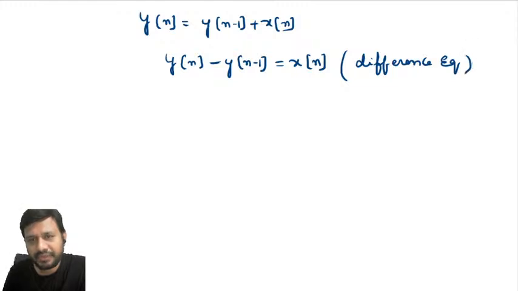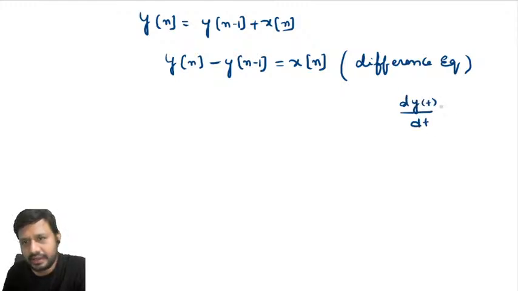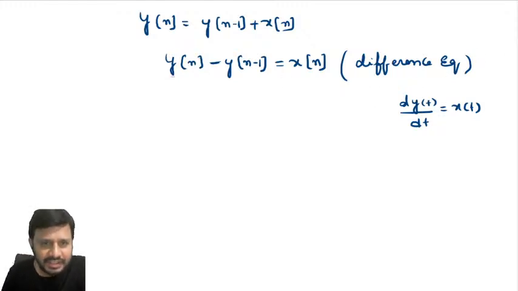Discrete time systems are specified by difference equations, whereas continuous time systems are specified by differential equations. This is somewhat similar to dy by dt. Here y of n minus y of n minus 1 means we are taking the first difference, which is similar to differentiation in continuous time, as we have already seen. So this is a difference equation.